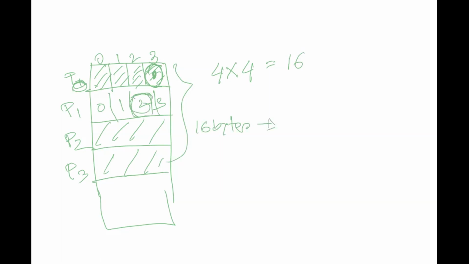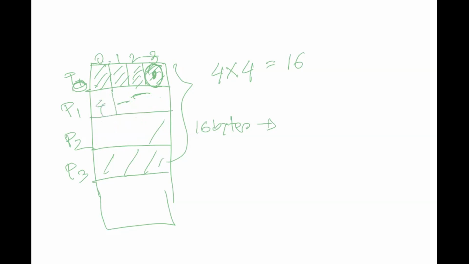One thing I mentioned earlier is that you can uniquely give each byte an address: 0000, 0001, 0010, 0011, then 4, 5, 6, 7, and also 8, 9.